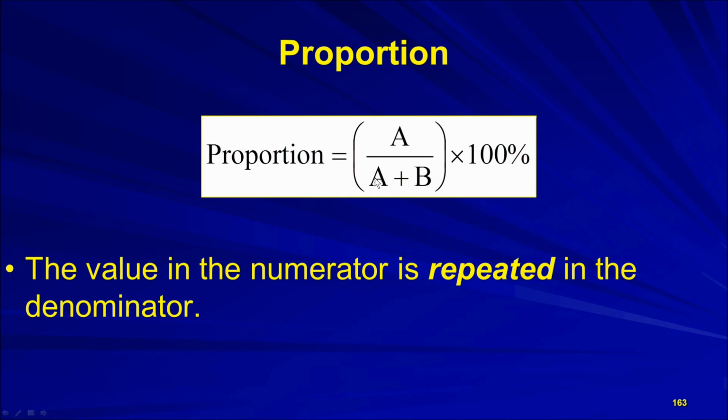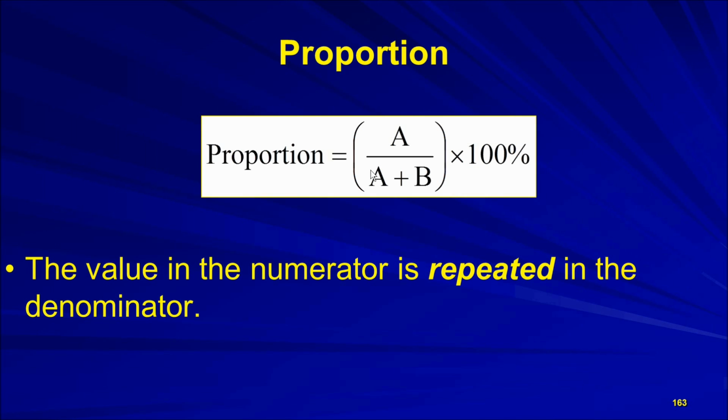And just to help you understand this formula a little better, why they do it this way is because you could have A plus B plus C plus D plus E, etc., to make up the denominator, and they want you to be aware of what values should appear in that denominator, and then it's multiplied by 100%.